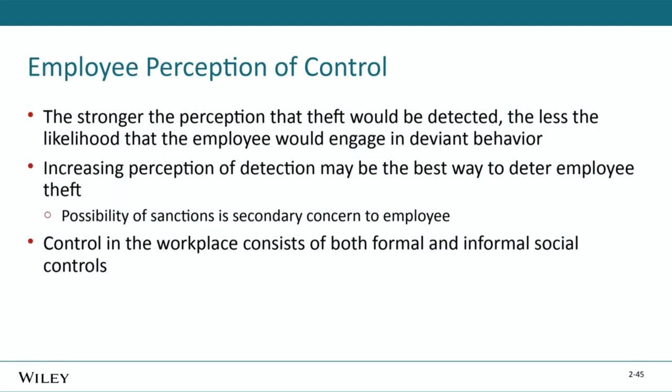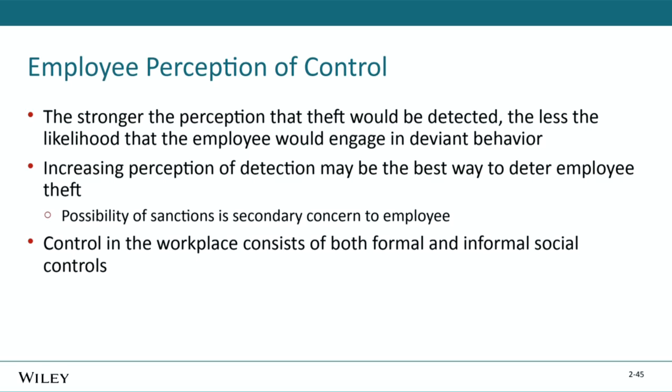The big one, though, is the perception of control. The stronger the perception that theft would be detected, the less the likelihood the employee would engage in the deviant behavior. Increasing perception of detection may be the best way to deter employee theft. Possibility of sanctions is secondary.